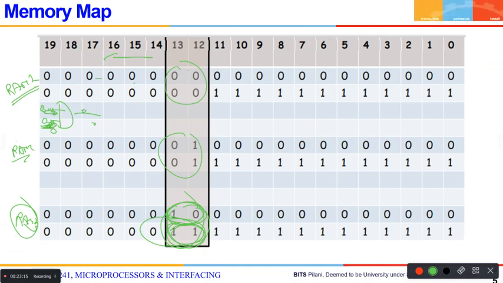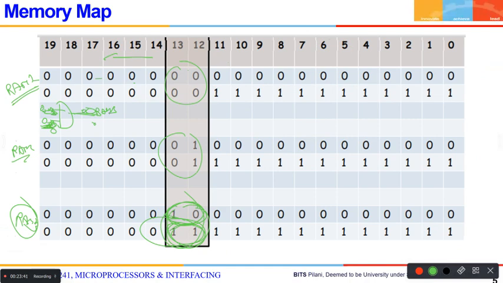O3 will go low. When O3 goes low and O2 is 1, the output is still 0, right? In both cases, I can connect this to RAM3, yes or no? That's what is required to select RAM3. Whether it is 0 1 0 or 0 1 1, RAM3 will be selected. This is the way you have to design.